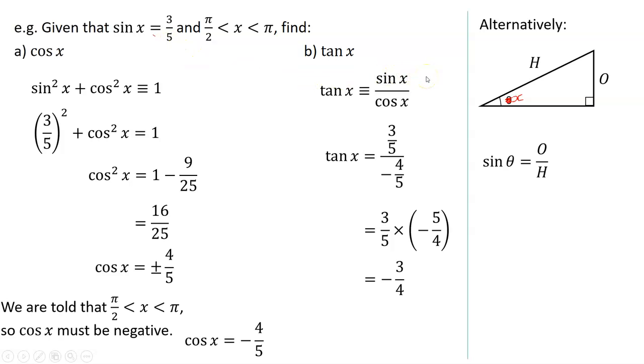So I can call my opposite side 3, my hypotenuse 5. It's going to be some ratio of those numbers to each other. It could be 6 and 10, could be 9 and 15, but 3 and 5 is fine to use. Now, using Pythagoras, I can find the third side, which is 4. Then I can just read the values off. So cos x is adjacent over hypotenuse.